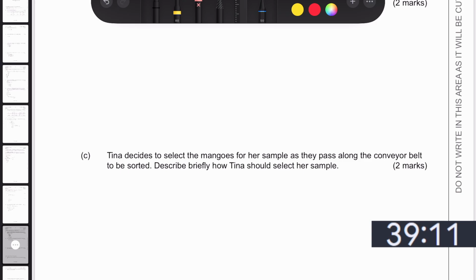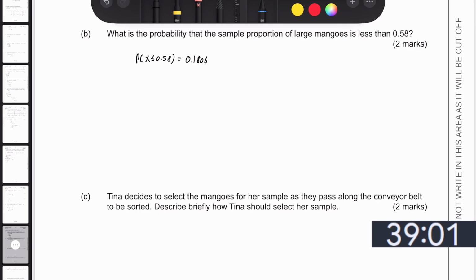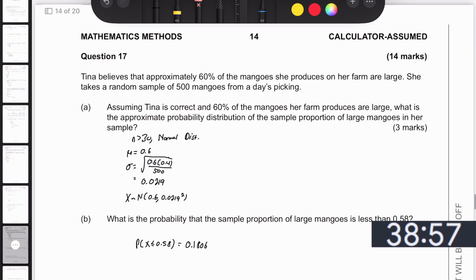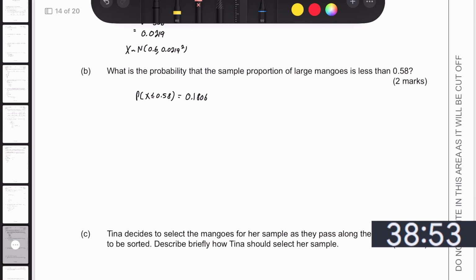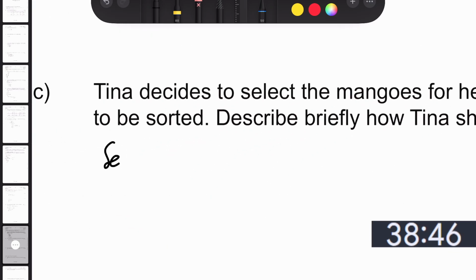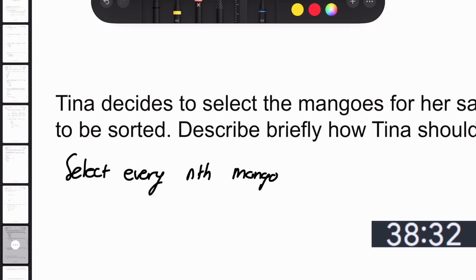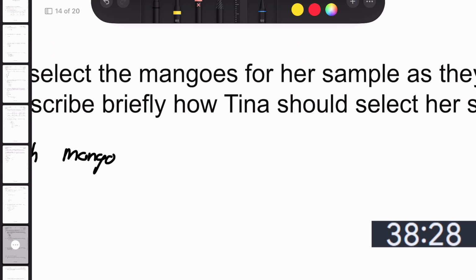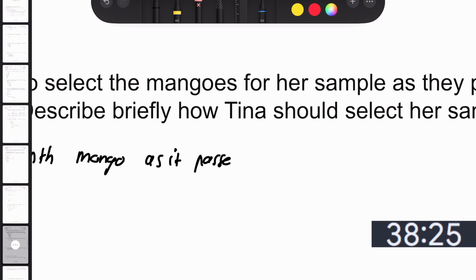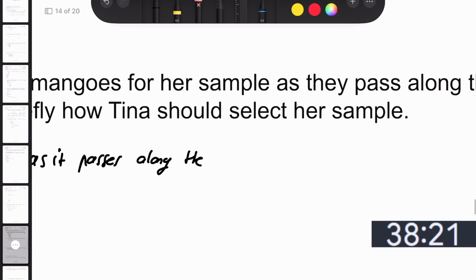Briefly describe how Tina should select her sample. Select every nth mango that passes along the conveyor belt.